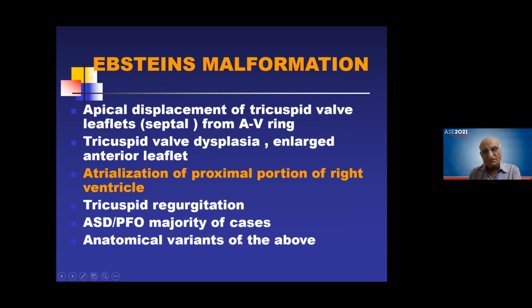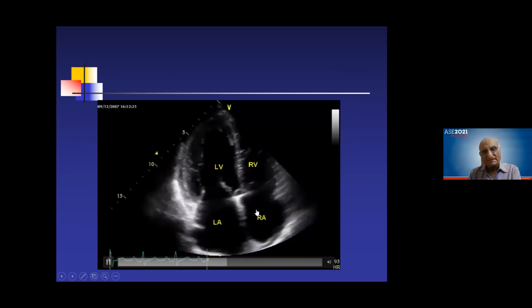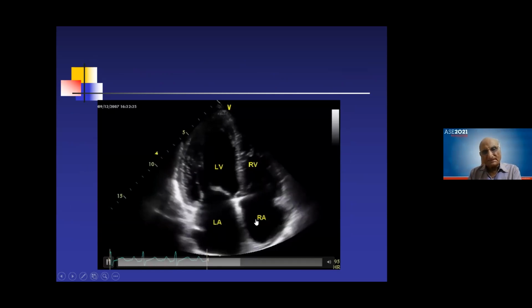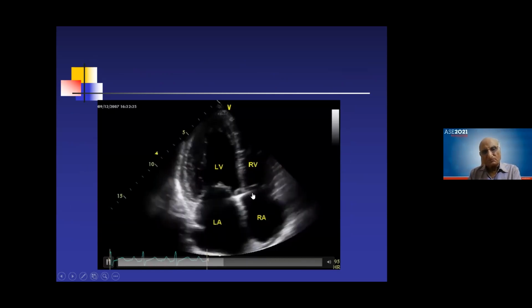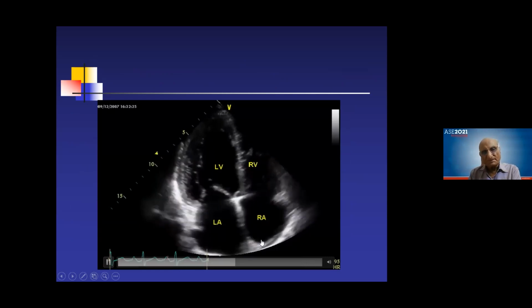Now, again, I come to the same normal slide. The atrium is between the leaflets, or you can say the annulus, and the superior portion of the RA. In any normal situation, the atrium is between these two places, between the annulus or the tricuspid leaflet and the superior.